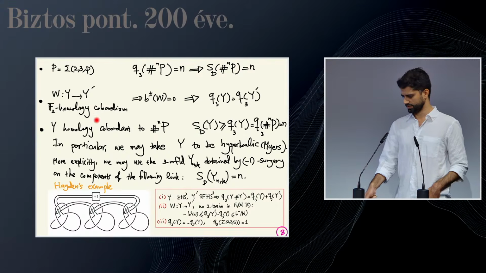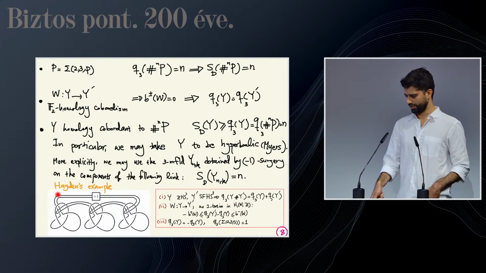So if you take this knot, which was handed to us by Hayden, here we have 3 trefoils, and they're connected to each other by some bands.